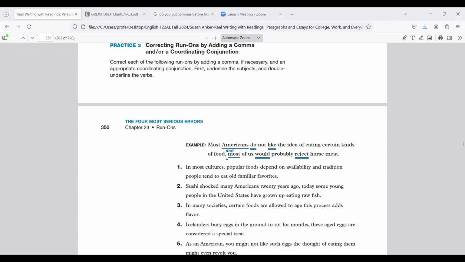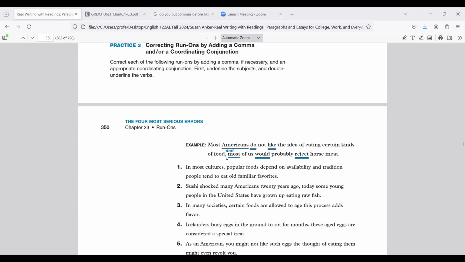Let's see the example. Let's do a couple. So the example is, most Americans do not like the idea of eating certain kinds of food. Most Americans would probably reject horse meat. Okay, so I see a subject and a verb and a complete idea, and I see a subject and a verb and a complete idea. Here's where it messes up. It's a comma splice. All I have to do is add a word that connects these logically together.